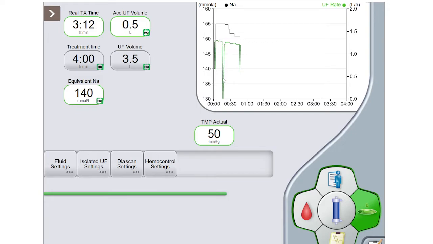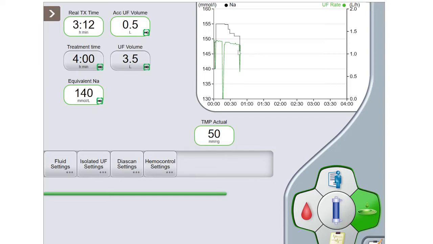So it will lower the UF volume potentially to minimum for a period of time until it sees the blood volume start to recover, at which point it will reinitiate UF. The other thing that we will potentially see later on is that it will also provide sodium boluses. Initially it boluses sodium, and then throughout the run later on, we may see it bolus a little bit more as the run progresses.